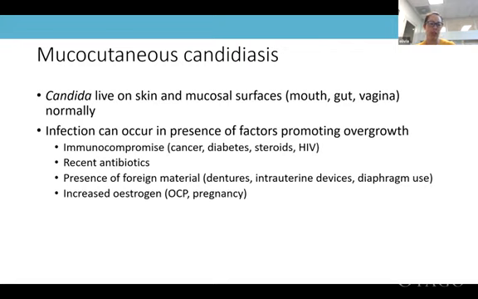Those factors would be things like immunocompromise, so someone with cancer, diabetes, someone on steroids, someone with HIV. Recent antibiotics also promote overgrowth. Foreign material like dentures, intrauterine devices, or diaphragm use, or increased estrogen, like the oral contraceptive pill or pregnancy. These are all factors which can promote overgrowth of the Candida, making it cause infection in that area.